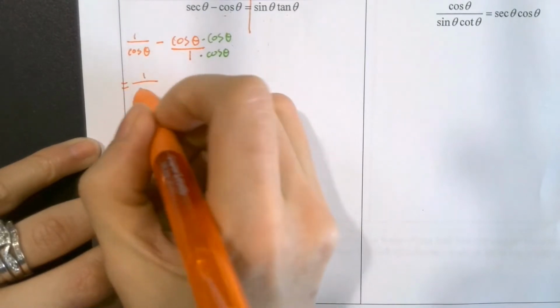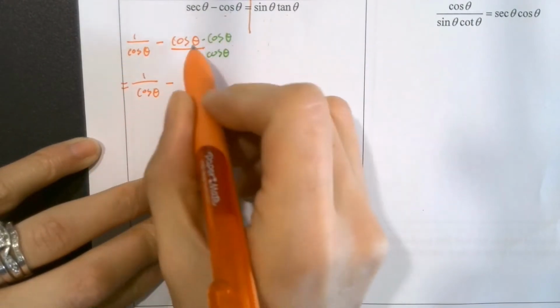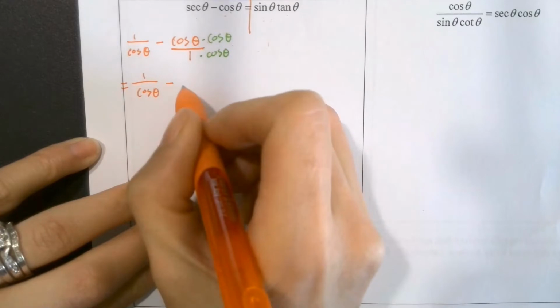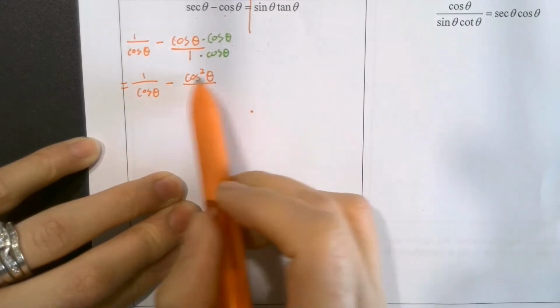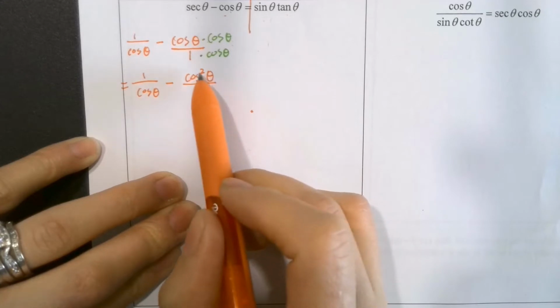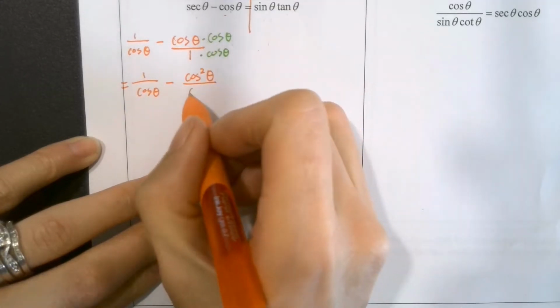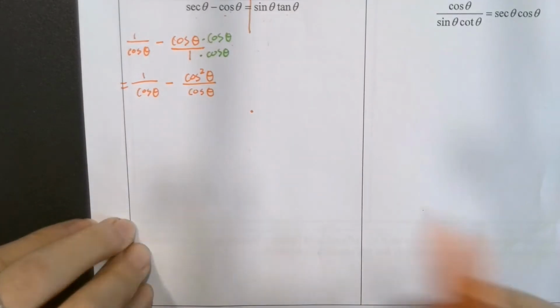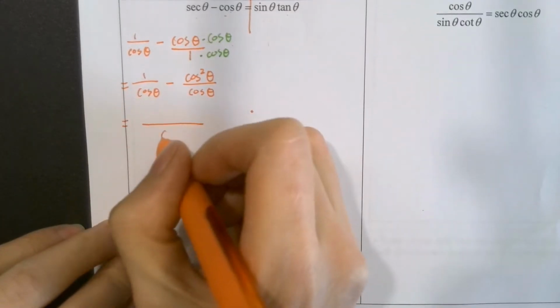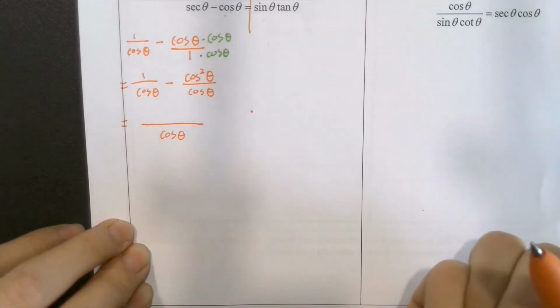We get 1 over cosine theta minus cosine theta times cosine theta, which is cosine squared theta. And please remember, for the trig ratio, you put the square over there, over cosine theta. Good so far? Alright, we have a common denominator, so I'm going to combine those 2 fractions with a denominator of cosine theta.